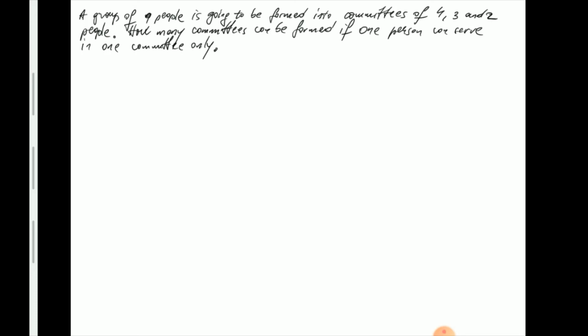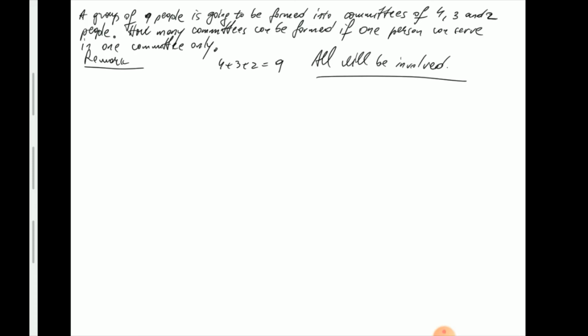What you have to notice here, so let's put this as a remark. Notice that 4 plus 3 plus 2 is equal to 9. So this suggests that basically all will be involved, right? And then they will just basically be grouped into these 3 committees of 4, 3, and 2 people.